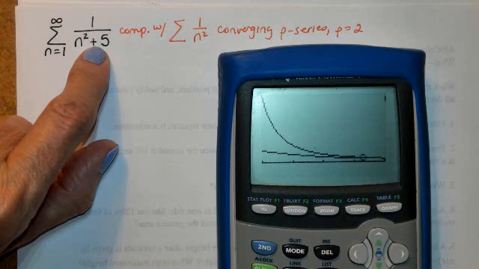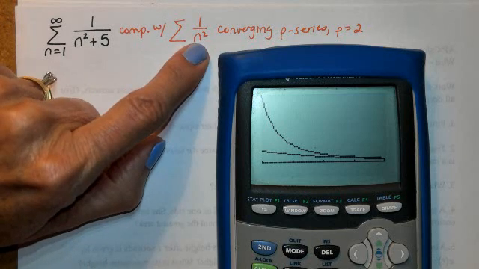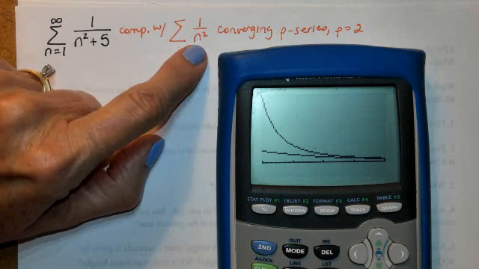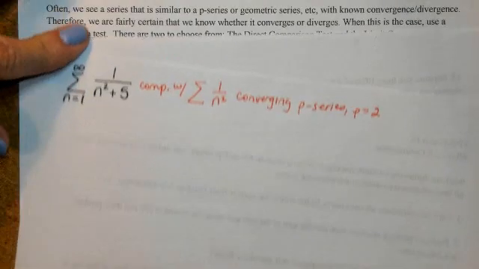And it's always below 1 over n squared. So if 1 over n squared converges, it makes sense that this has to converge as well. This is a great example of when I would use a direct comparison test.